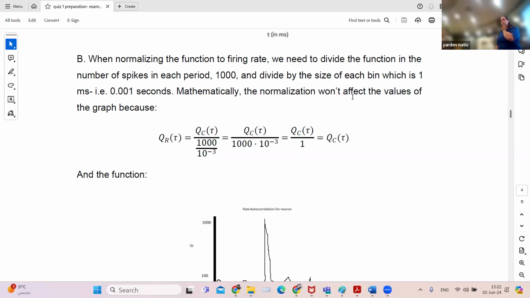What we did in our quiz was multiply or divide by the size of the bin and got 500, which was way too big. Here, instead of dividing by 10 to the power of -3, shouldn't you multiply by 1,000, spikes divided by 20 seconds, to get into seconds? That's what you did for this version.